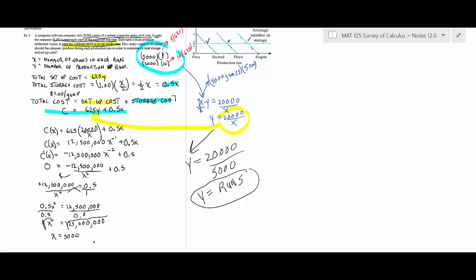So you wouldn't want to produce 10 video games every day because it costs you $625 each time you produce, just as a startup cost. So we're basically factoring both those, the storage and the amount. Right, exactly. So you've got the setup cost, 625y, then the storage cost was 0.5x. So that's the answer. It would be 4 runs, and then it would be 5,000 games like that. That's the answer to the problem.